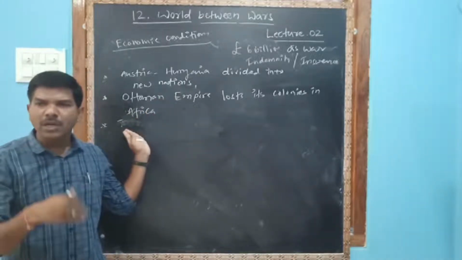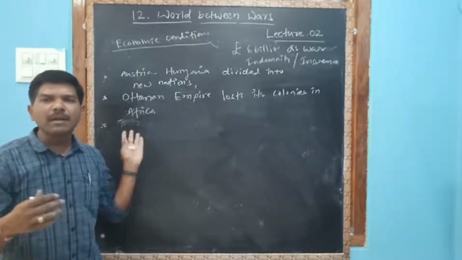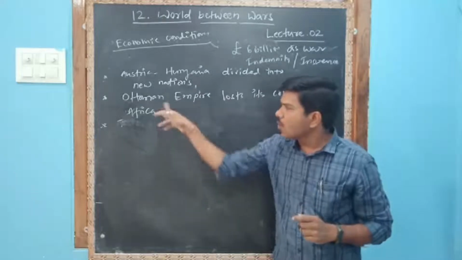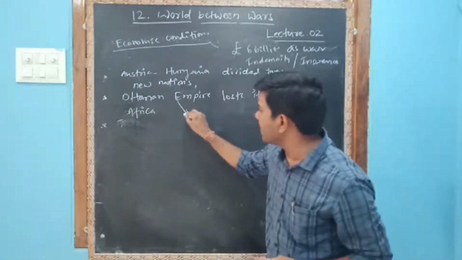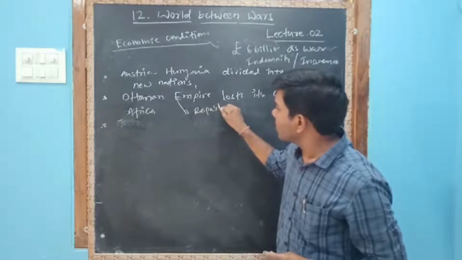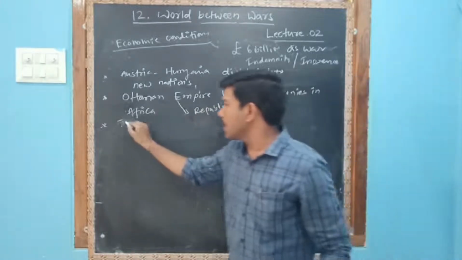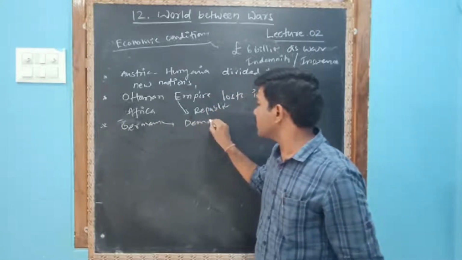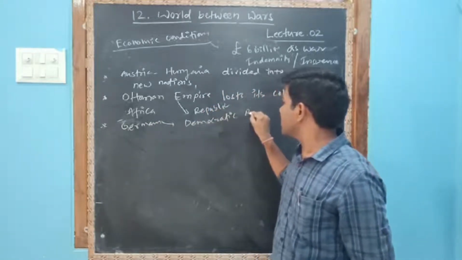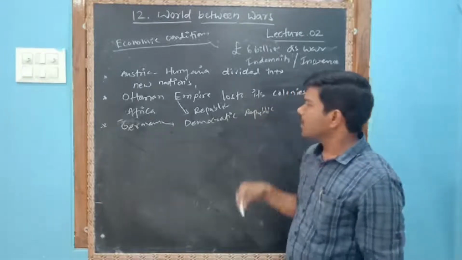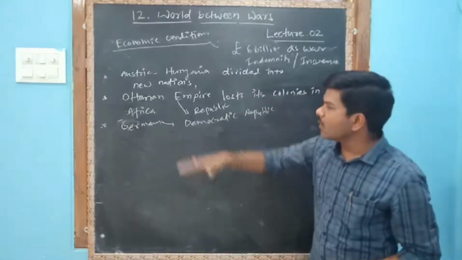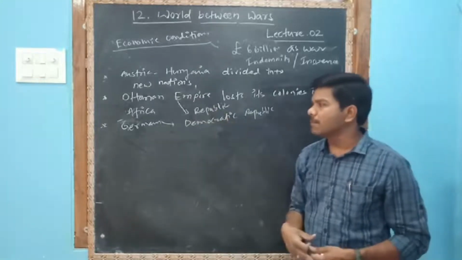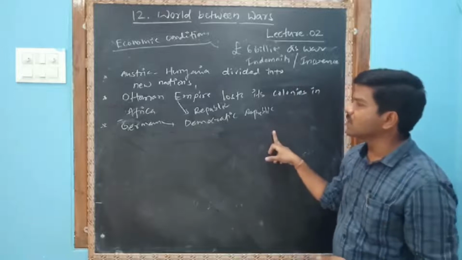This was divided into different places, and the German Empire was broken into different small principalities. The Ottoman Empire became a republic. Germany became a democratic republic. That means during the World War it was under the control of a king, but after the World War a republic was set up. A German democratic republic was set up.